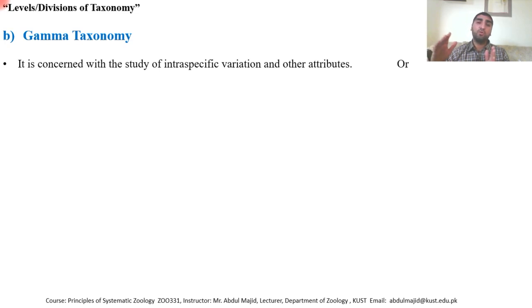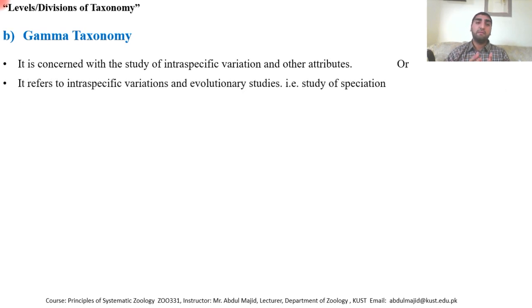This part is known as gamma taxonomy, or you can define it as referring to intraspecific variation in evolutionary studies, and actually this is the study of speciation. For example, there is a species A distributed throughout a very large geography, and some of the populations are isolated from each other. For example, species A has 5 populations, isolated geographically from each other.